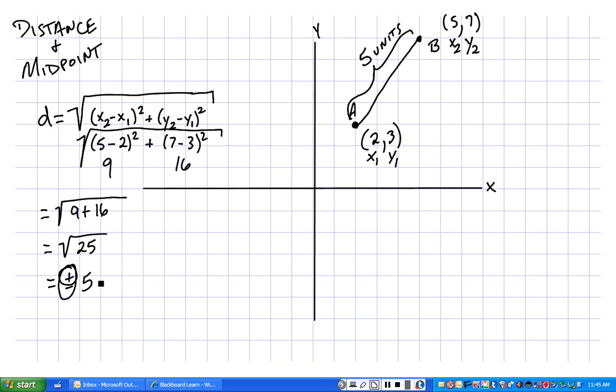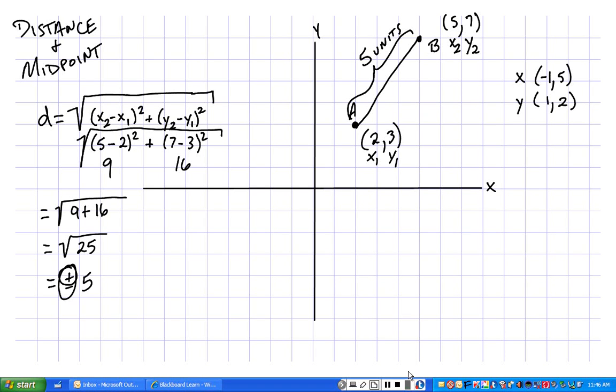Alright, let's try another example. Without graphing them, if I just told you you had 2 points, point C is -1, 5 and point D is 1, 2.